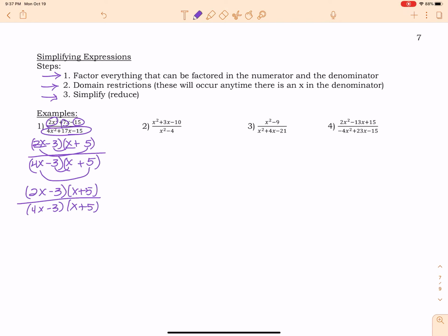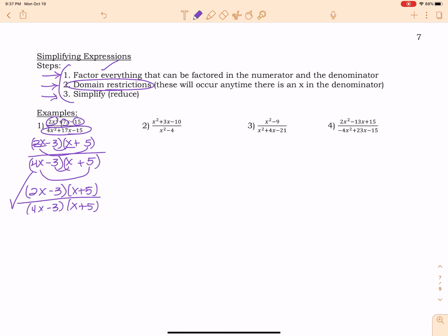All right, we are going to reduce some stuff, but before we do that, we first have to find our domain restrictions. So I want you to notice I've given you these steps in an order that you need to follow. I factored everything. That's what I did right here. Now I find my domain restrictions. My domain restrictions are going to come from my denominator. So 4x minus 3 equals 0. So x can't be 3/4.